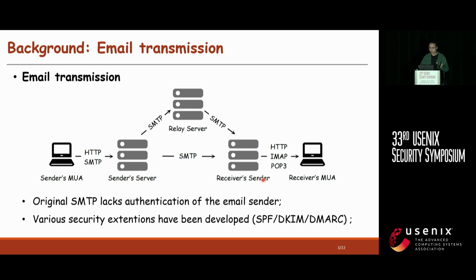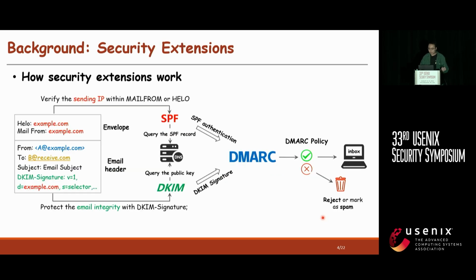To address this problem of email sender authentication, researchers have developed various security extensions such as SPF, DKIM, and DMARC. SPF focuses on validating the sending IP address within the email envelope, while DKIM ensures the email's integrity with a digital signature.